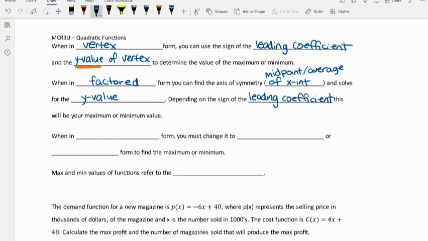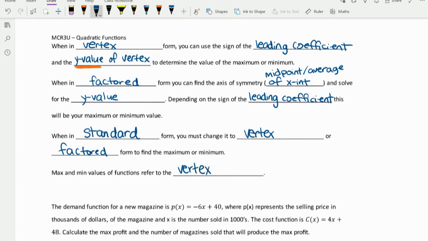Last one, when you're in the standard form, not very helpful, so you need to change it. You must change it to vertex or the factored form to find the maximum or the minimum. So the max and min value of functions refer to the vertex.